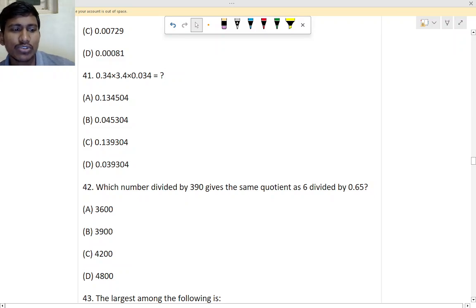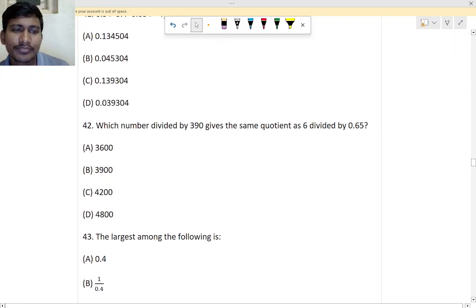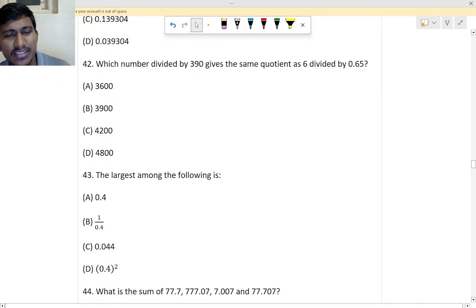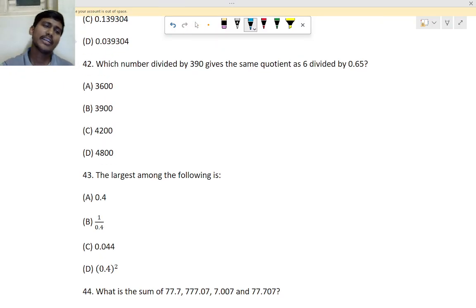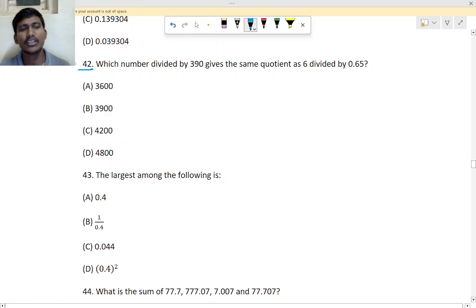Should we go do it from 42 now? Yes? Let us do it from 42. Okay? Which number divided by 390 gives the same quotient as 6 divided by 0.65?